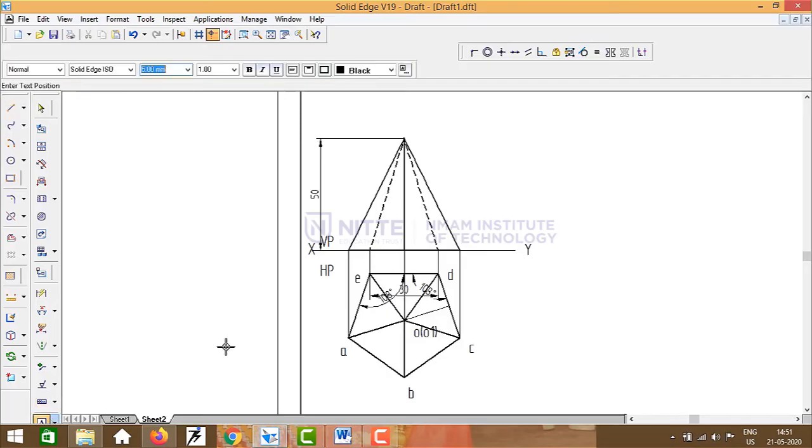So name it accordingly: A dash, B dash, C dash, here comes D dash, and here comes E dash.